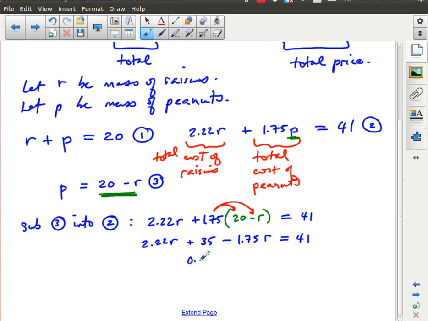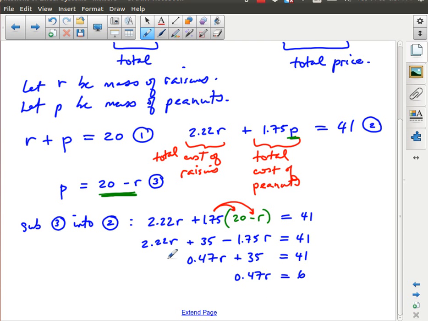So I end up with 0.47 R plus 35 is equal to 41. 0.47 R is equal to 41 minus 35 is equal to 6. And for this one, I'm going to go off screen because 6 divided by 0.47 is not one that I'm going to hazard in my head.